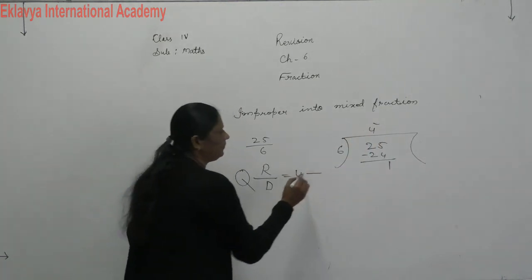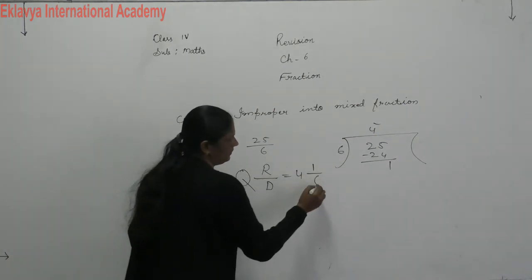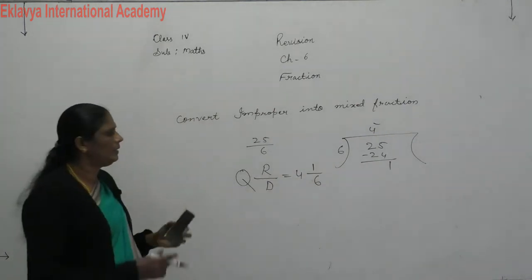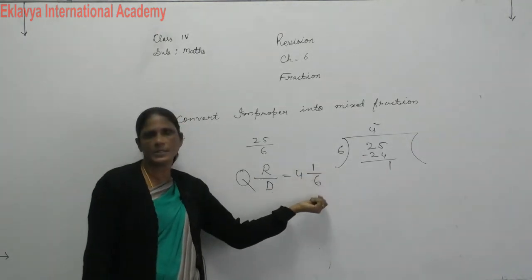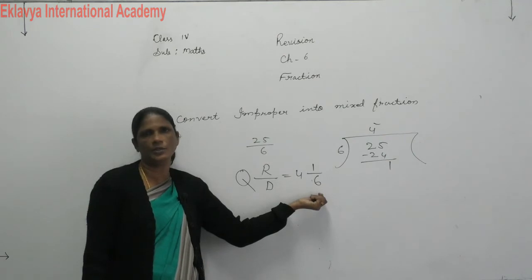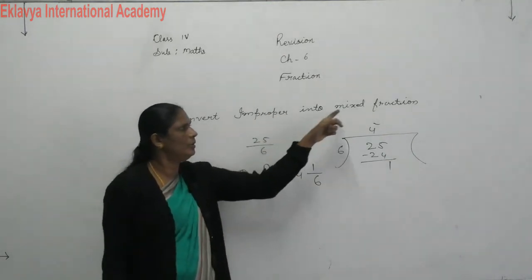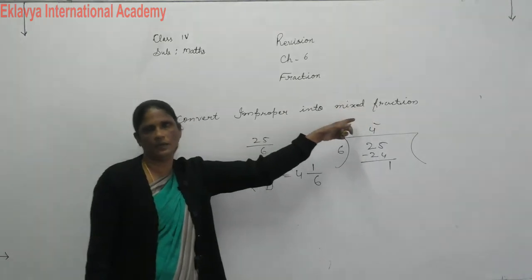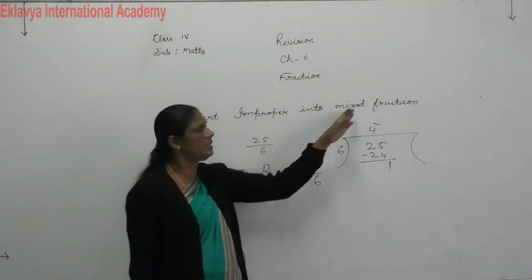Then remainder 1, then divisor 6. What is our answer? 4 1 by 6. Understand? That is how we convert an improper fraction into a mixed fraction.